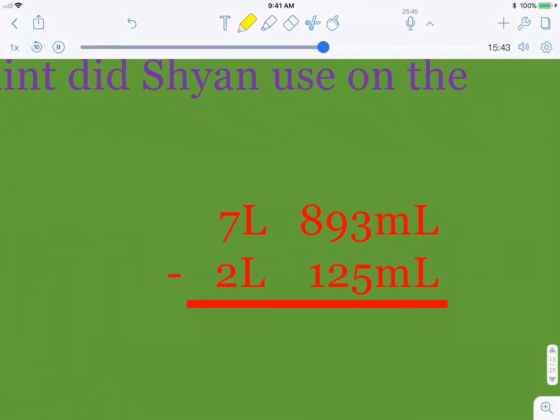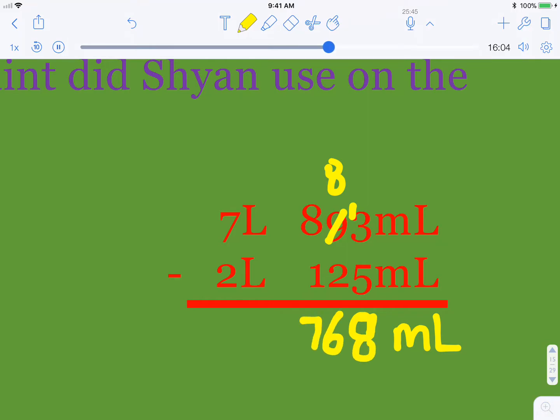So we have milliliters. 3 minus 5, I can't do it, so I'm going to borrow 1 from the neighbor. My 9 becomes an 8. 13 minus 5 is 8. 8 minus 2 is 6. 8 minus 1 is 7. And then we have 7 minus 2, which is 5.